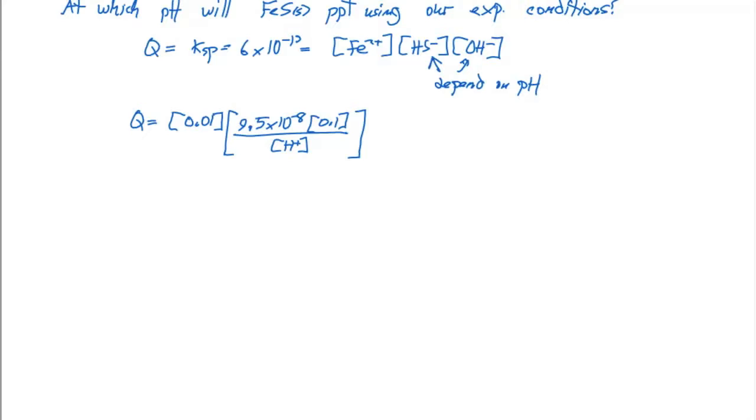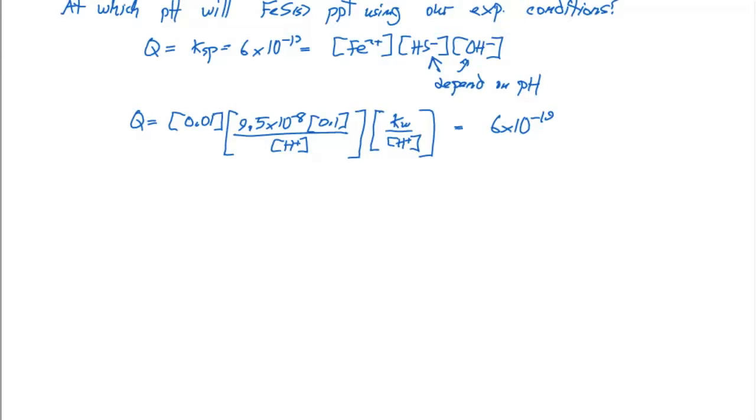Here the H plus is in the denominator, so as we raise the pH, that H plus goes down. So if that concentration goes down, we're going to make that quantity in brackets larger. We also know that the OH minus concentration is going to be the Kw divided by the H plus. This we will set equal to 6 times 10 to the minus 19th.